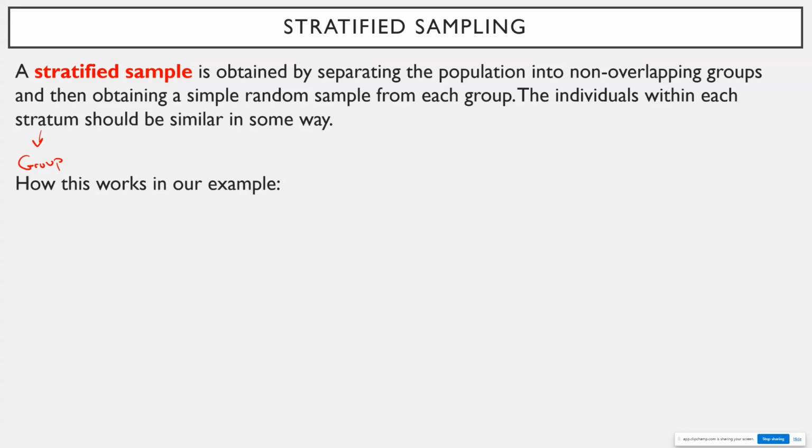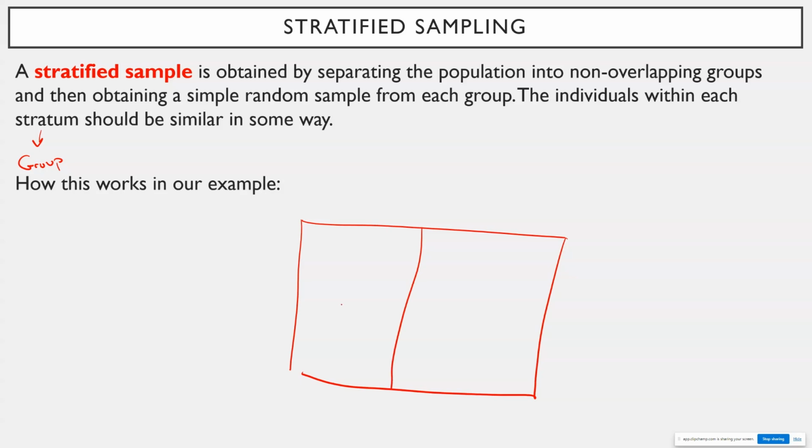Here's how it would work in our example. Suppose you take the Villages and divide them into different groups, and our groups might be the counties within the Villages.